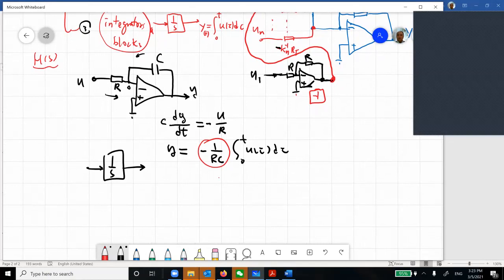This is not 1. I can make this one by 1. How to do it? This number we know is usually linked to the time constant. So I can do R here, this is R1, then I do this one here, then I can do another R here.